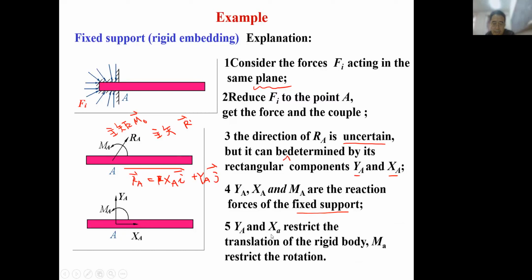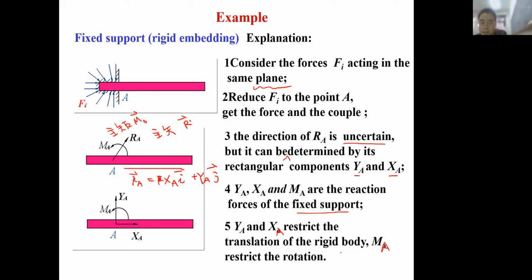YA and XA, this A should be uppercase. YA and XA restrict or prevent the translation of the rigid body, and MA will restrict the rotation.